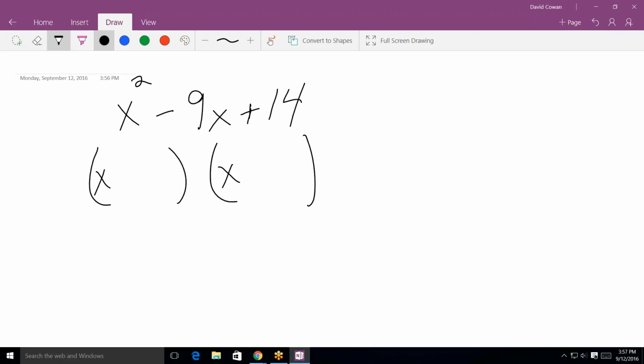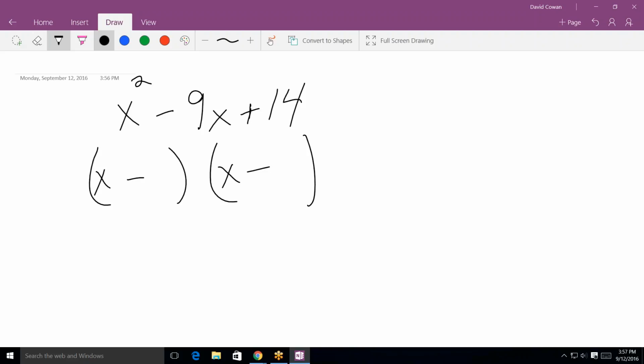Signs, so you need to have, I'm going to say, 2 negatives. They have to be the same, because only two signs that are the same can produce a plus 14. But it's a negative because your middle term is negative, and that's always determined by the sign of the middle term. The moment you know that the signs have to be the same, then it's got to be minus minus.